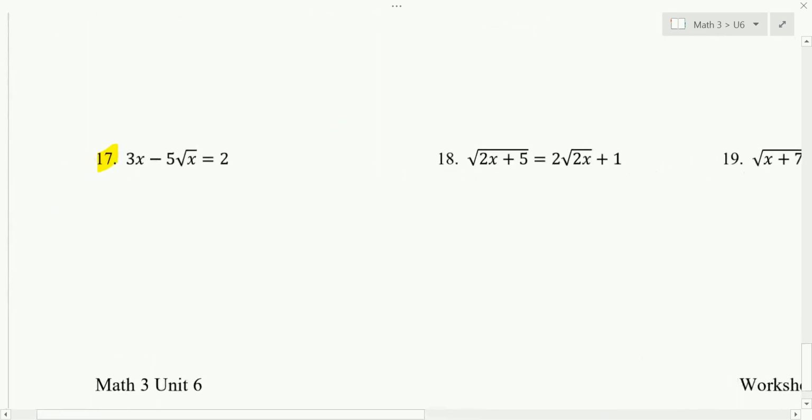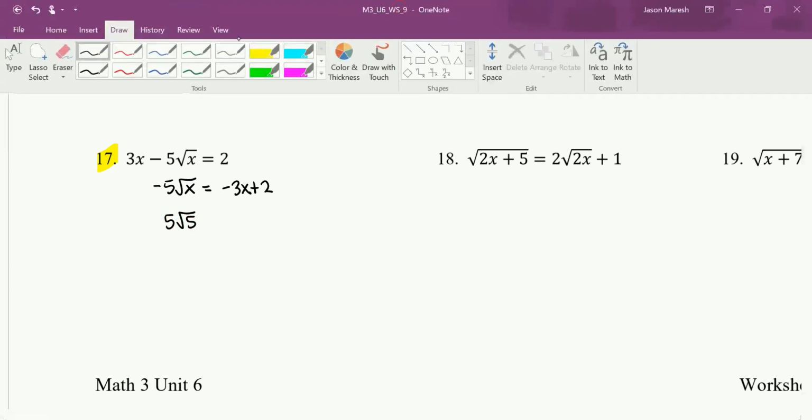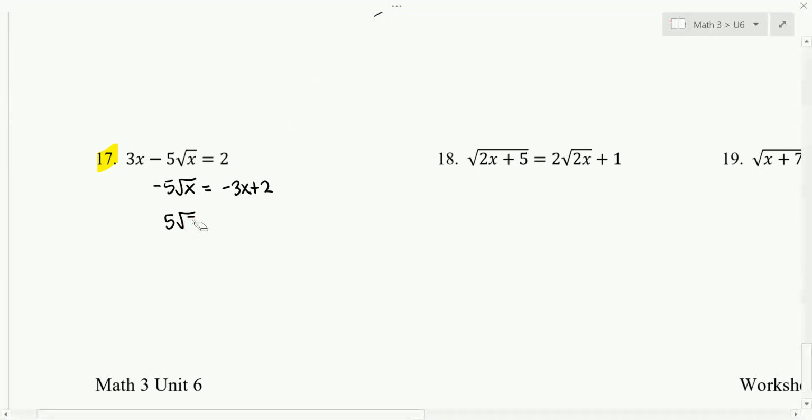Next, let's take a look at 17. Isolate the square root, so I'm going to subtract 3x, so I get negative 5 square root x is equal to negative 3x plus 2. I'm just going to multiply both sides by negative 1 to change the signs. Get a positive 5 square root x equals positive 3x minus 2.